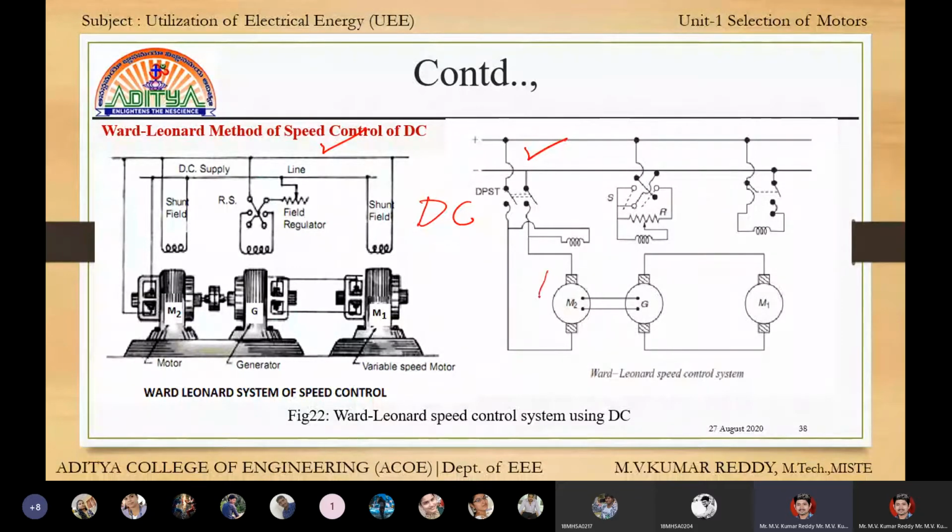In this one we have a motor generator set, and M1 is the main motor. This motor has a separately excited field, and this generator has a separately excited field, and M2 also has a separately excited field. The M1 motor field is constant, and the M2 motor field is also constant, whereas for this generator we have a variable rheostat.